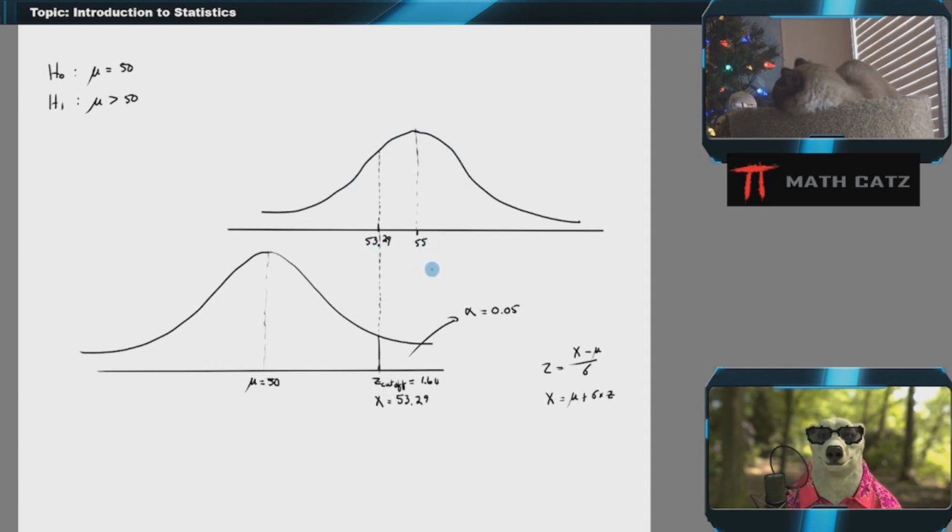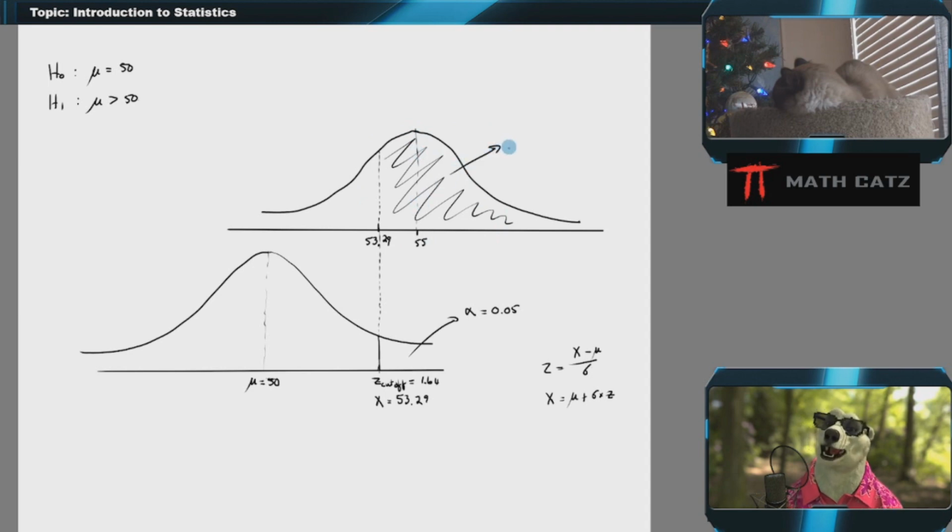But I'm going to reject it for all of these scores. And that would be the correct decision. If the null hypothesis is false, and this is actually true, this is my best guess for what is actually happening, I'm going to reject as soon as I get an X, a raw score past 53.29. But in truth, the probability of that happening is based on this curve over here.